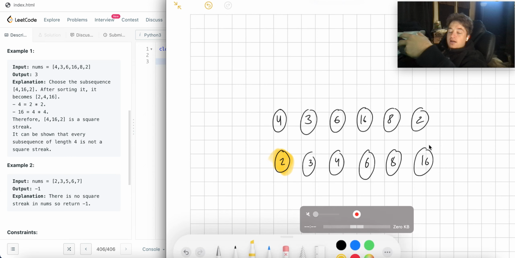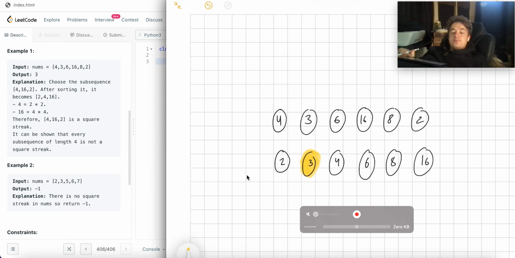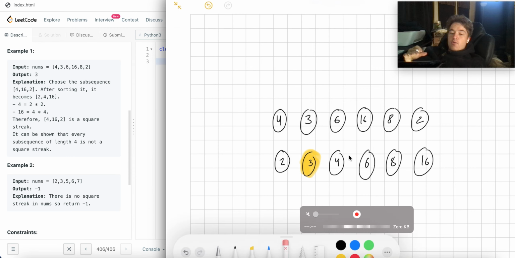Now I look at 3, I can look at everything less than 3, right? Everything to the left of me is a candidate. So is the square root of me to the left of me? No. Then I look at 4. I just know to look at everything to the left of me. Is 2 the square root of 4? Yes. So that means I can attach a link from 2 to 4.